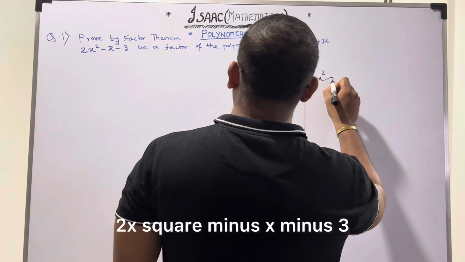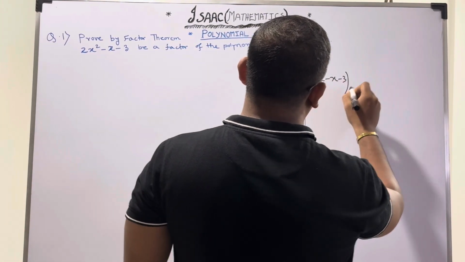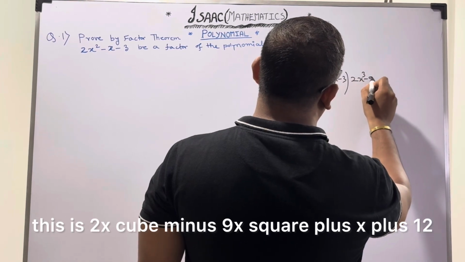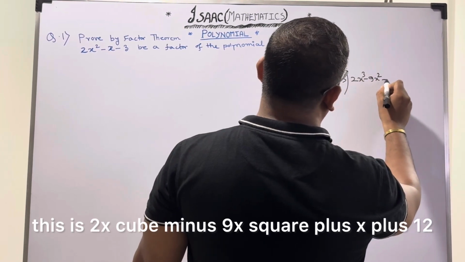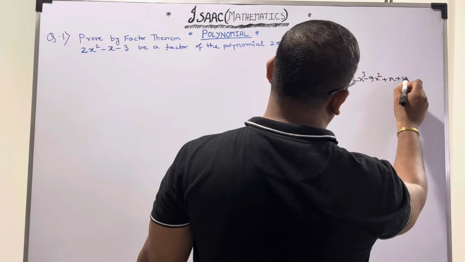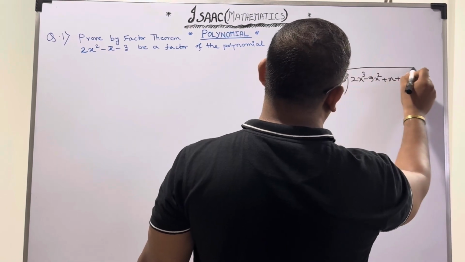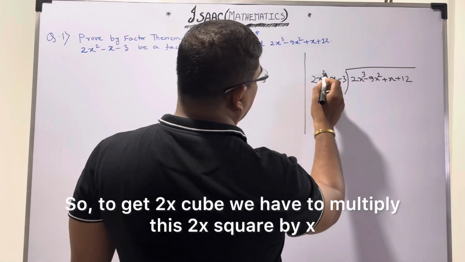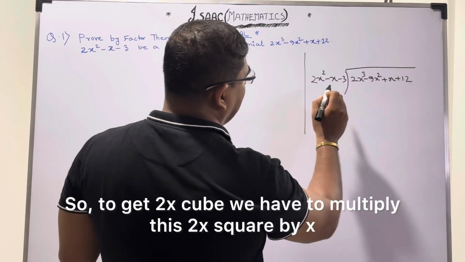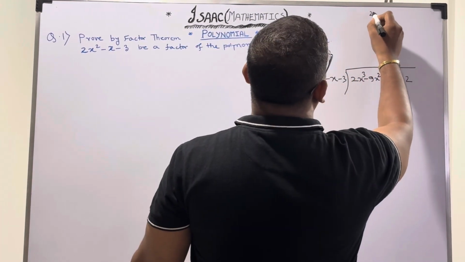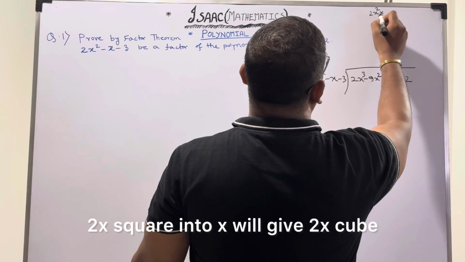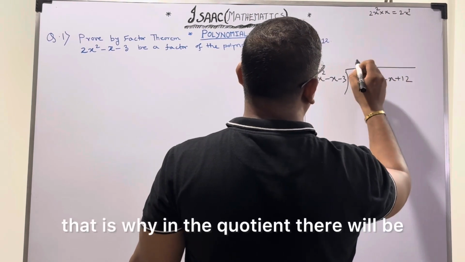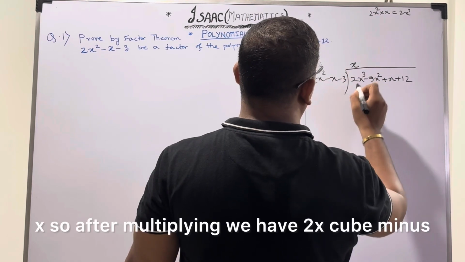Divide 2x cube minus 9x square plus x plus 12 by 2x square minus x minus 3. To get 2x cube, we multiply 2x square by x. 2x square into x gives 2x cube, so in the quotient there will be x.